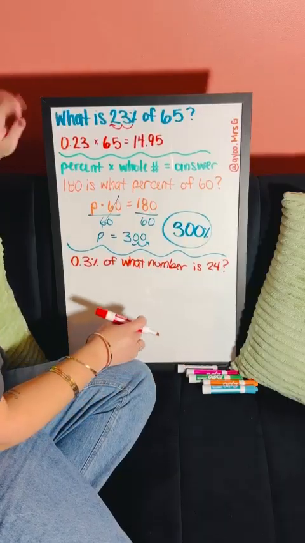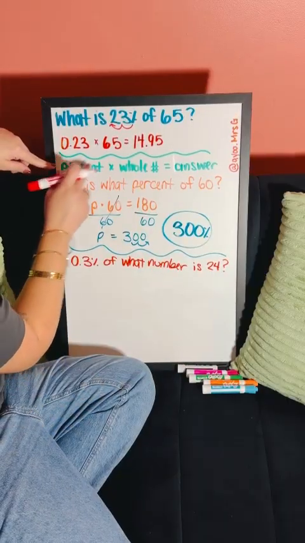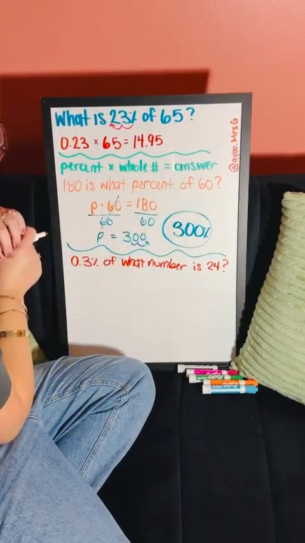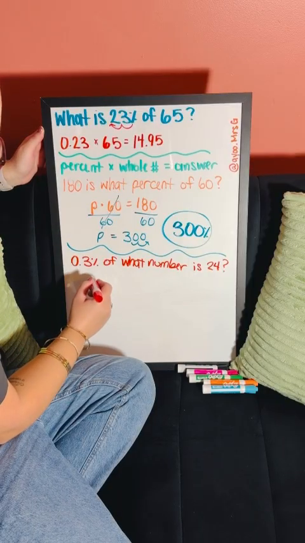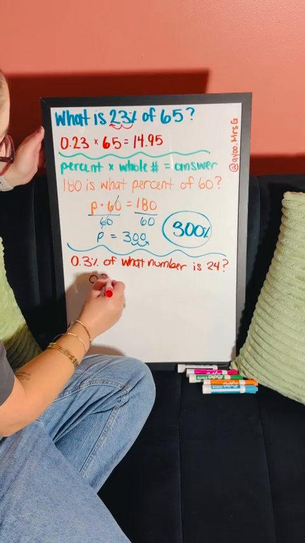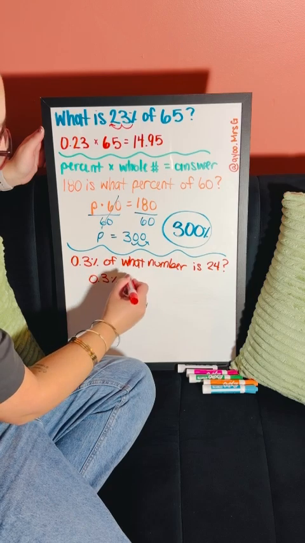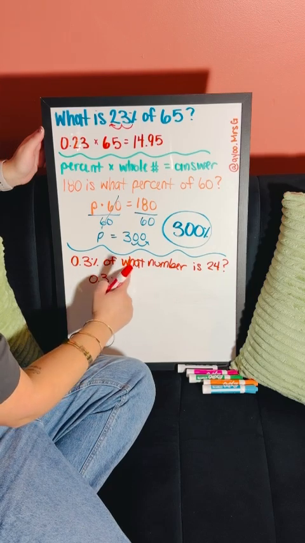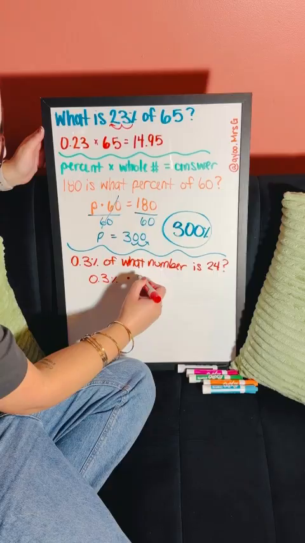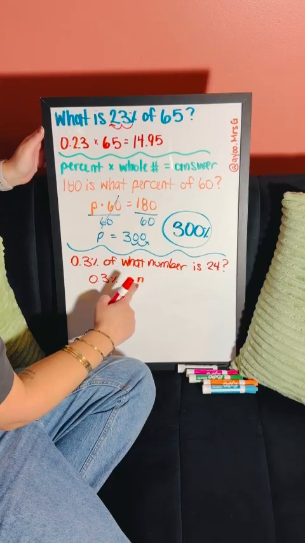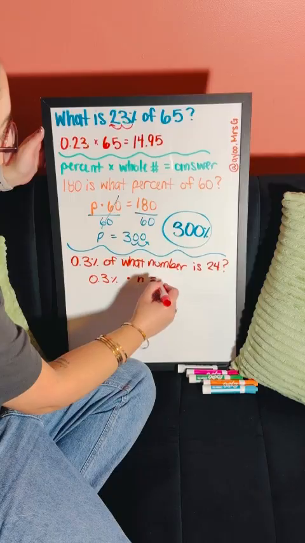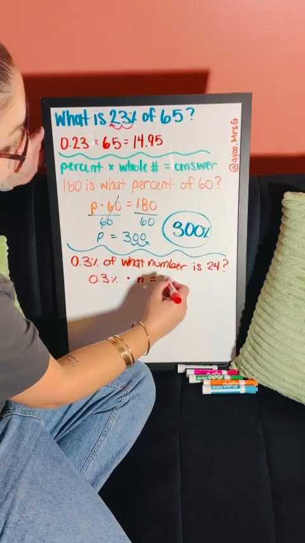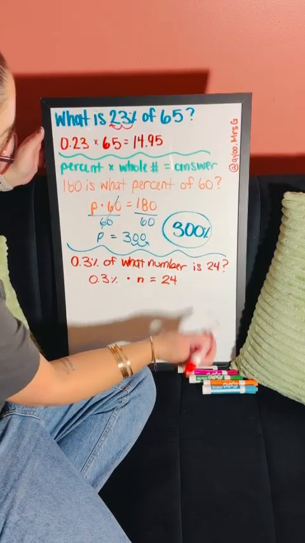Okay, so again, we're going to use this formula, percent times whole number equals our answer. Right, we have our percent this time, so we're going to put 0.3% times of what number? We don't have that, so we're going to put n as our variable to replace that. And then our answer is going to be 24.